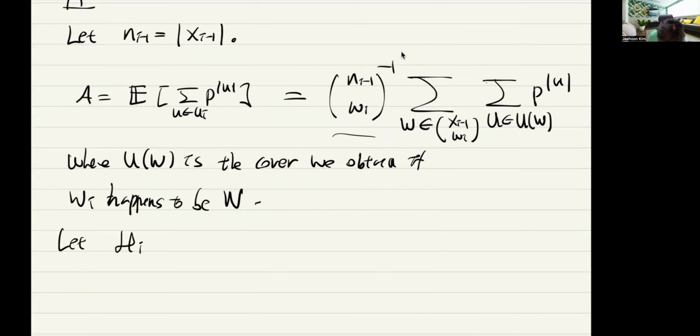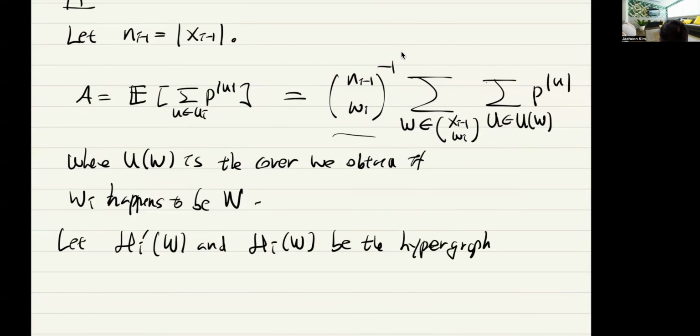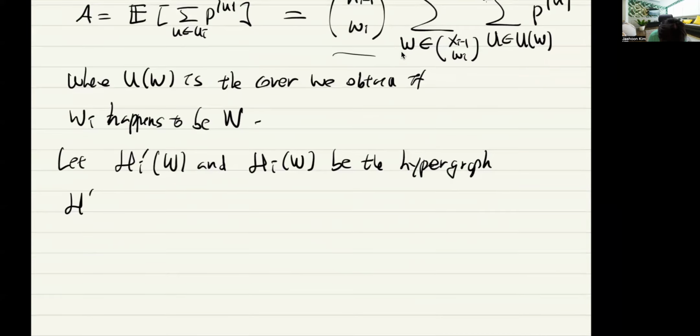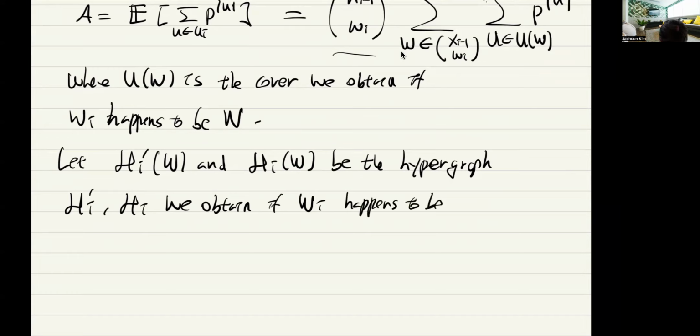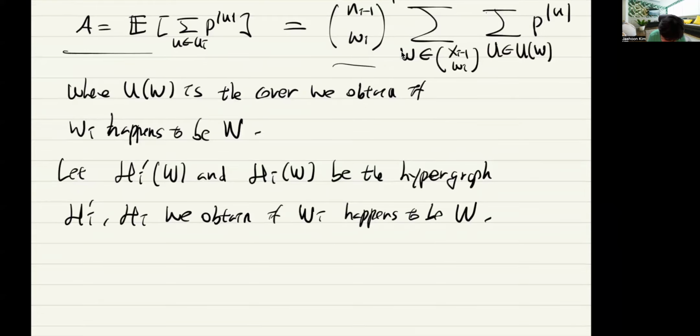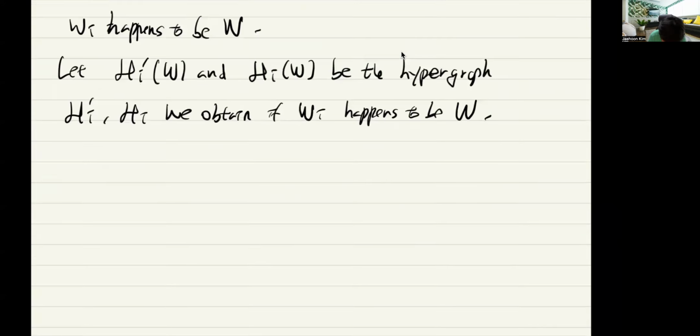And let H'_i(W) and H_i(W) be the hypergraphs H'_i and H_i we obtain if Wi again happens to be your W. And now you can compute this A.